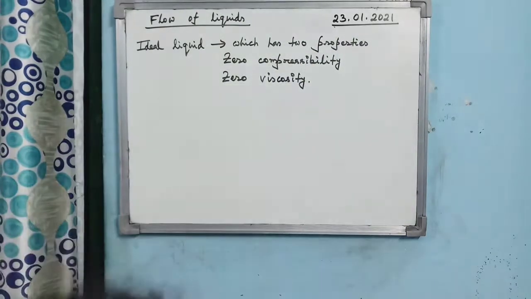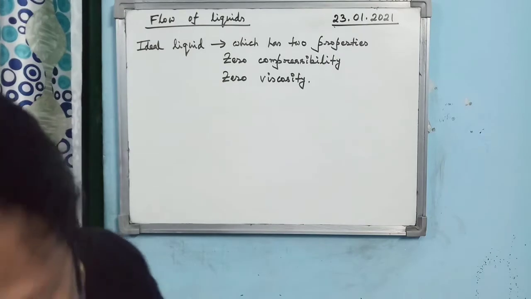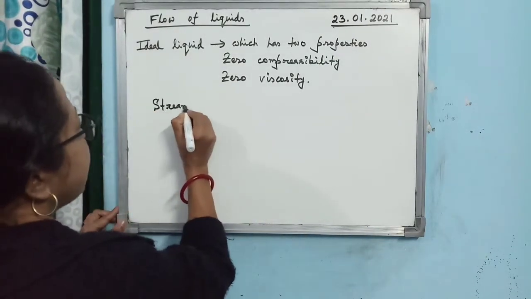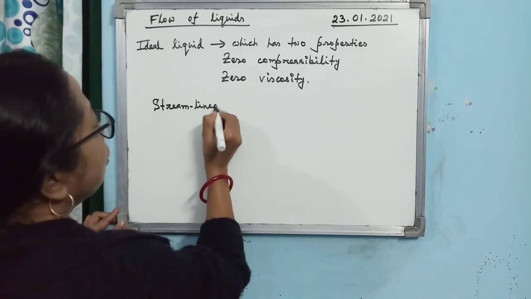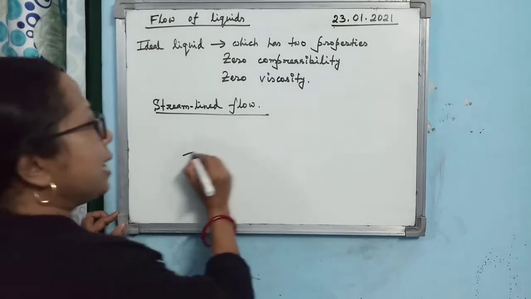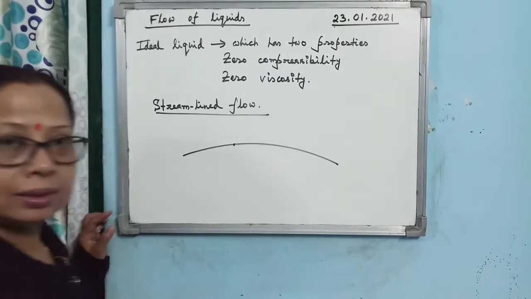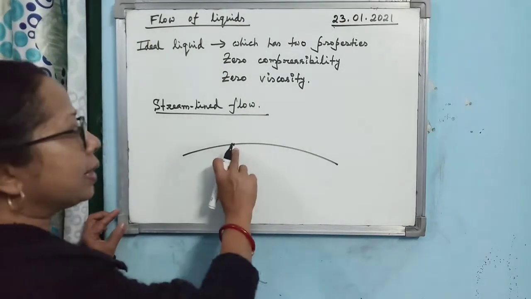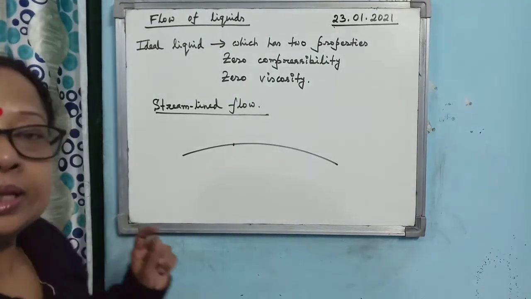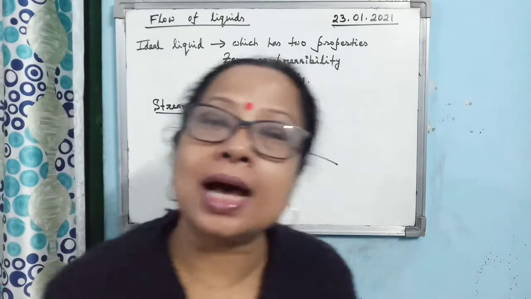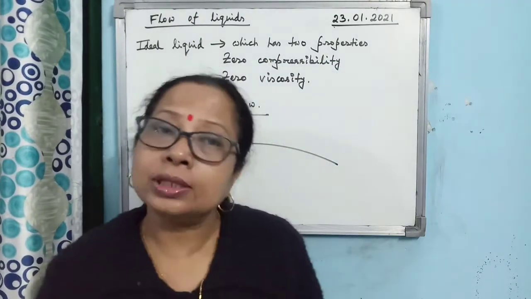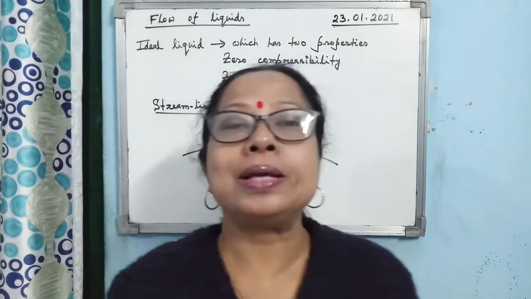So what is the meaning of streamlined flow? That you try to understand. Streamlined flow means when the liquid is flowing, at any point of the path, whenever any particle of the liquid comes, it will move with the same speed as the preceding liquid, and it will also follow the same path as the preceding liquid.